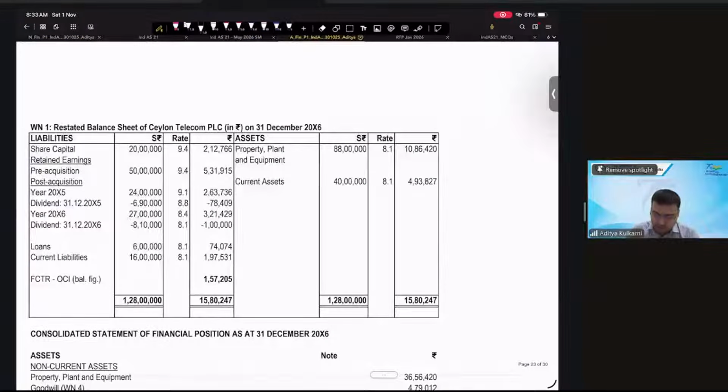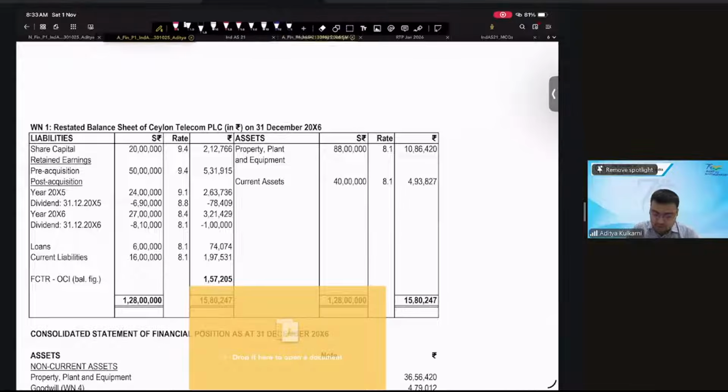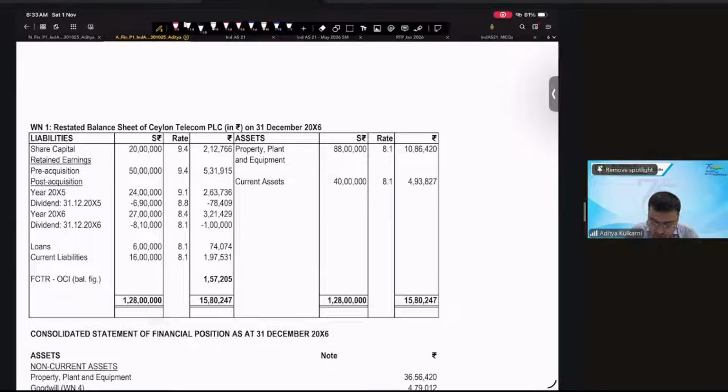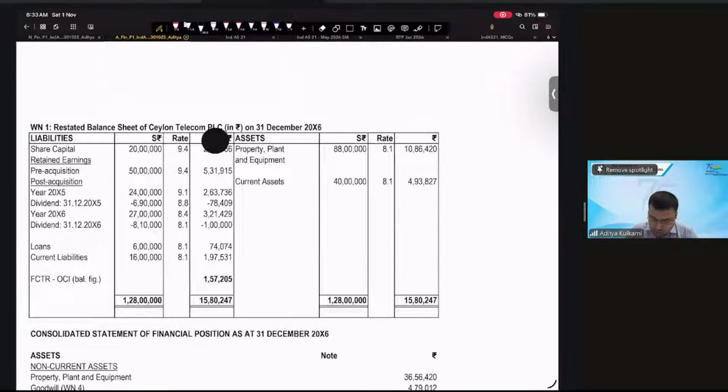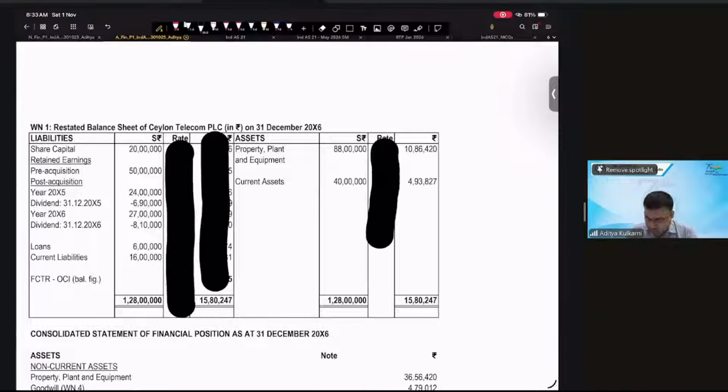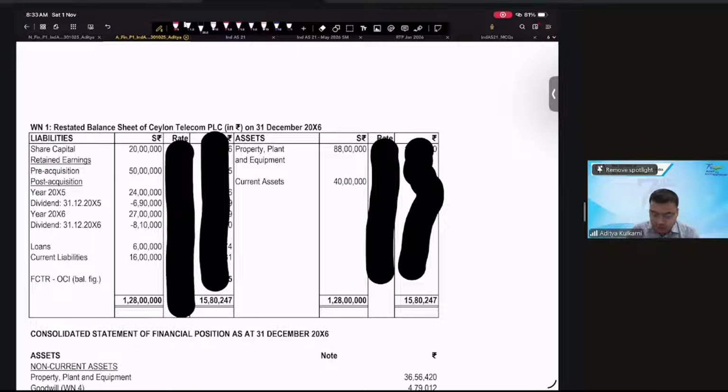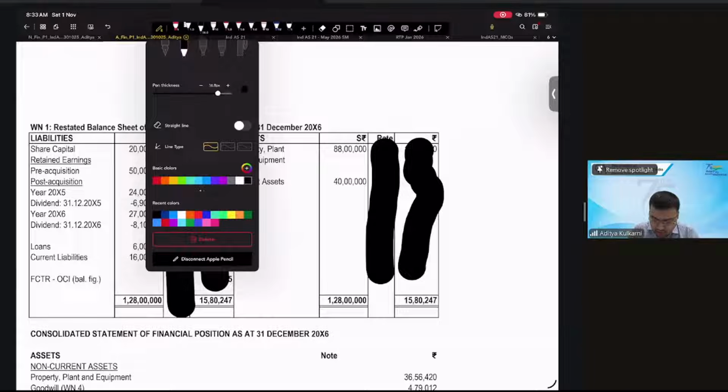Now, I'm just blocking it out so that you are able to see the Sri Lankan numbers first.